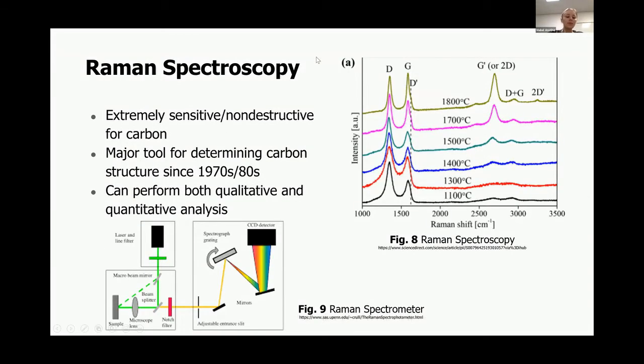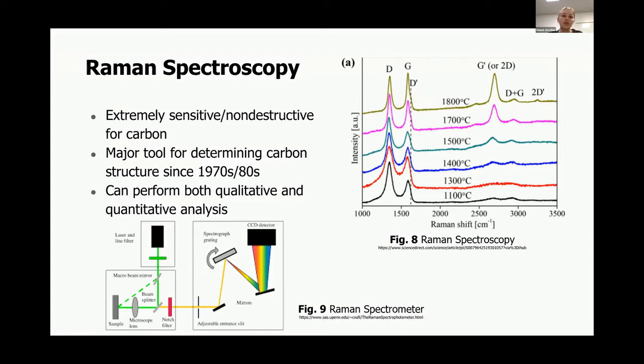And then Raman spectroscopy is a very sensitive tool that's used to characterize a lot of different materials, but it's very, very useful for carbon. So Raman spectroscopy is based on the Raman effect, which compares and can analyze the energy levels of photons that are released by excited electrons. And the Raman effect was first discovered in 1928 by C.V. Raman.